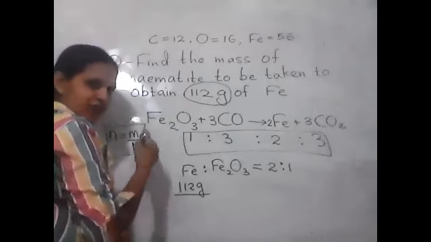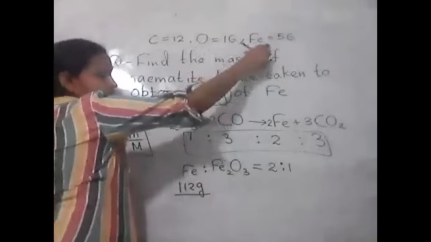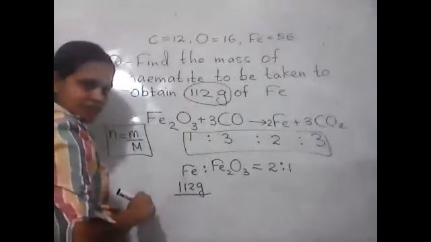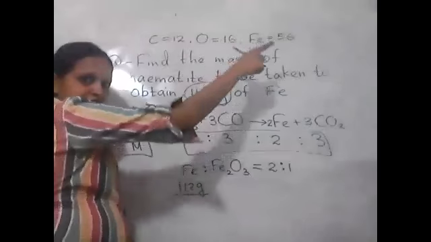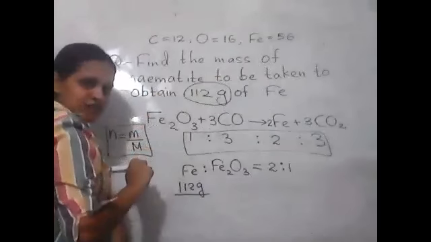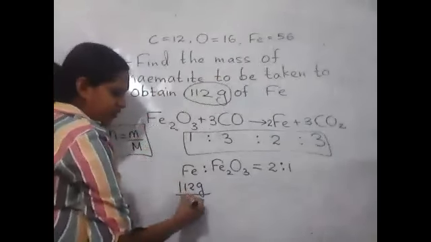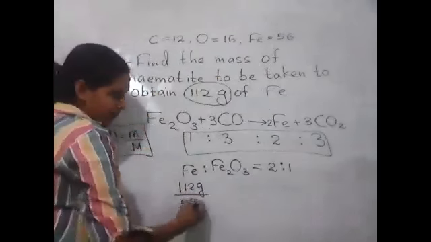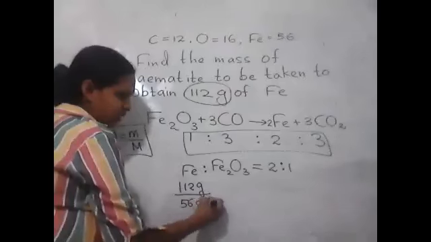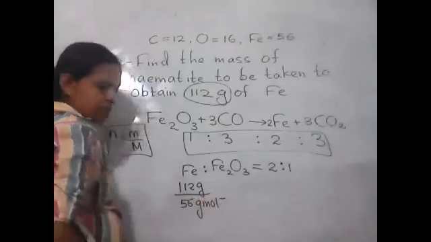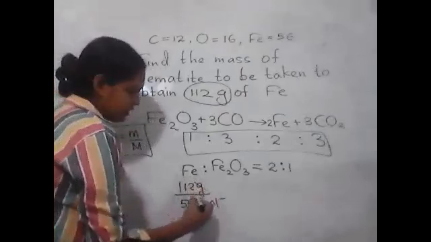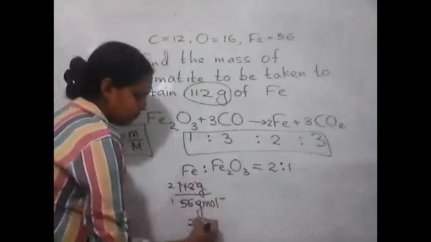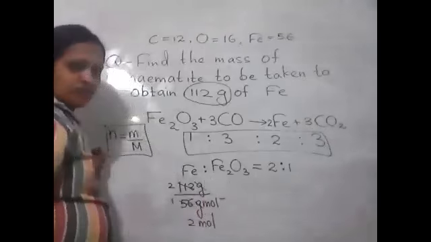So you know, for an element, if you take the relative atomic mass in grams, that is equal to the molar mass. As the relative atomic mass of iron is 56, if you take 56 grams of iron, that is equal to 1 mole. So that is the molar mass of iron, 56 grams per mole. So here you can see, you will get 2 moles of iron.